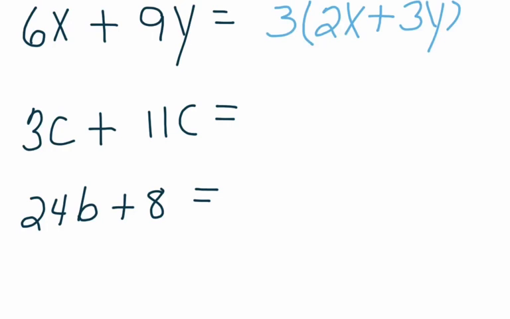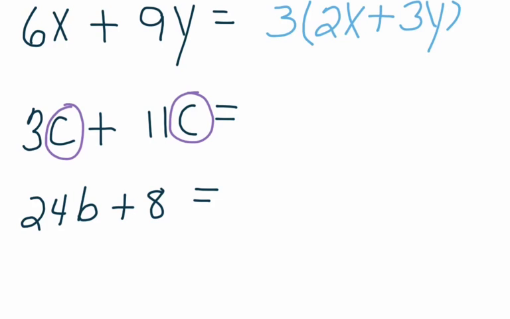Okay, the next example I have here is 3c plus 11c. What is the common factor here? The common factor is going to be the variable this time, which is the letter c.